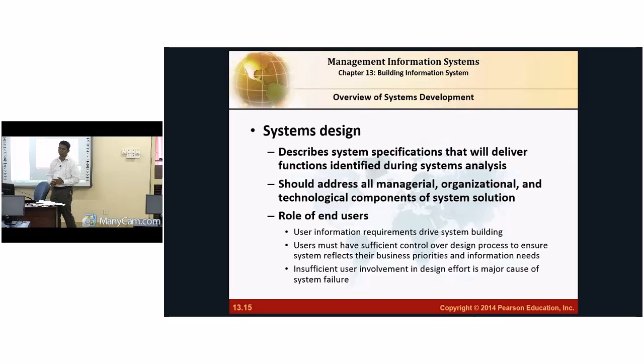Who are the end users of a system? You are going to introduce a new system to your organization, right? So who are the end users? Employees, who else? So basically, who are the stakeholders of your business, right?